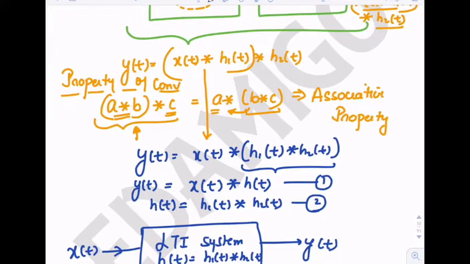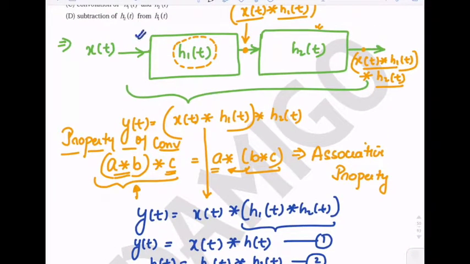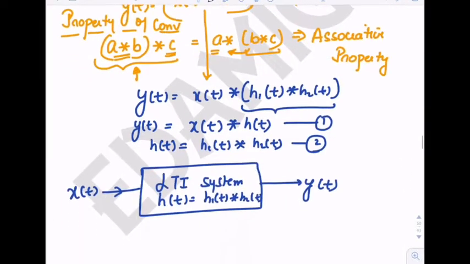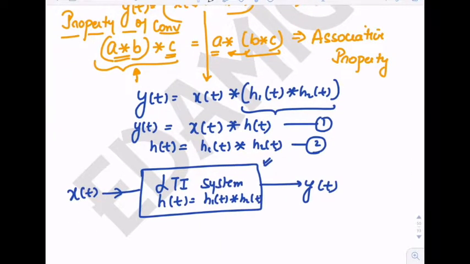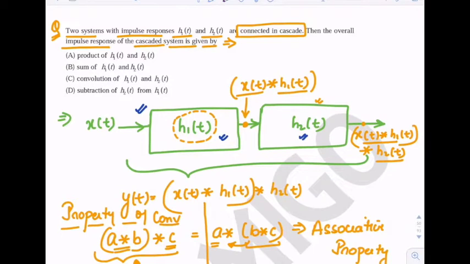So the cascade of h1(t) and h2(t) systems can be replaced by a single LTI system having the impulse response h(t) equal to h1(t) convolve h2(t). So we can say that the overall impulse response of the cascade is given by the convolution of h1(t) and h2(t). So C is the correct answer. So it's a simple question.